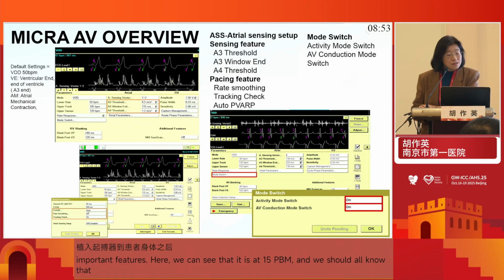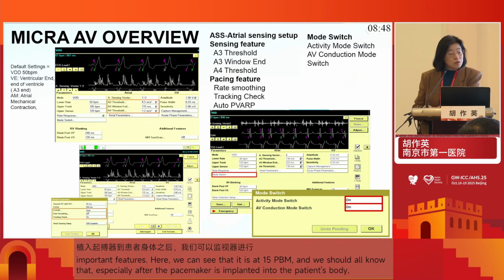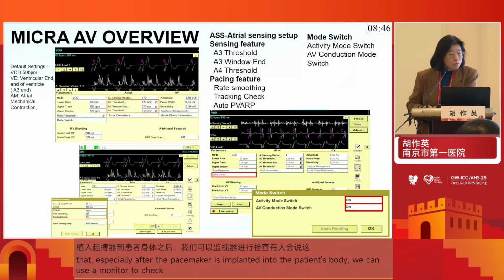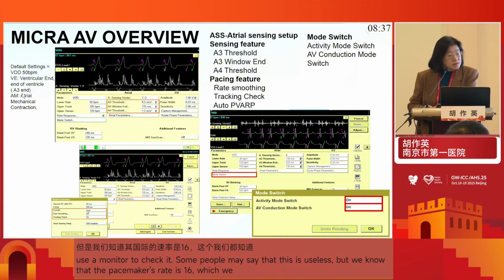Someone will say that it doesn't work because the pacemaker's rate is 60, so we should all know that. And there will be the end of the VE, which I already said, and it means the A3, and AM means the atrial mechanical contraction. So this is the sensor features, atrial sense.